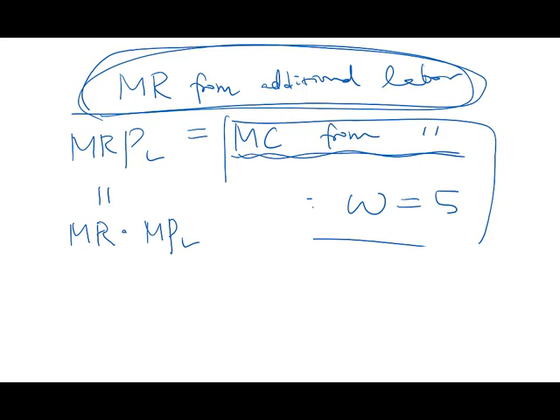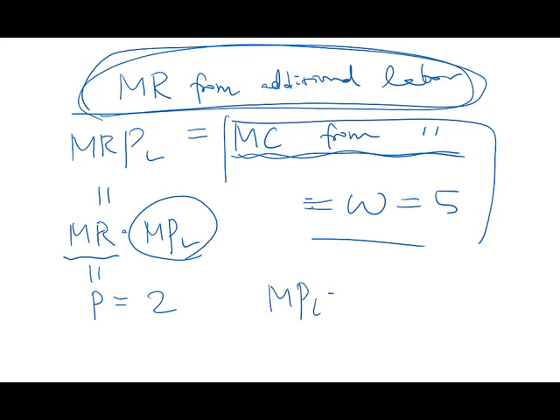And for perfectly competitive firm, Camel Records, marginal revenue is basically same as price. And we know the price of a record is $2. So we just need to calculate the form of marginal product of labor. So marginal product of labor, which is basically delta Q over delta L, can be found by using the production function.